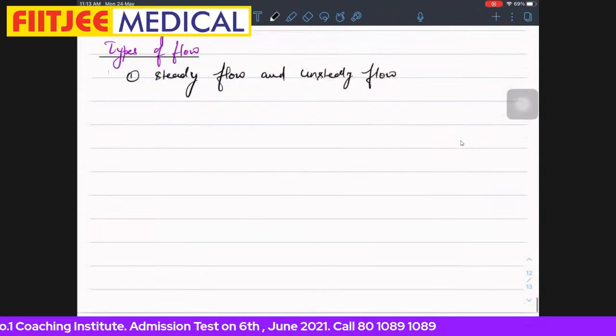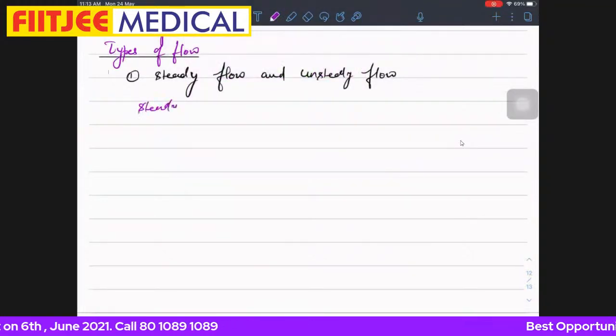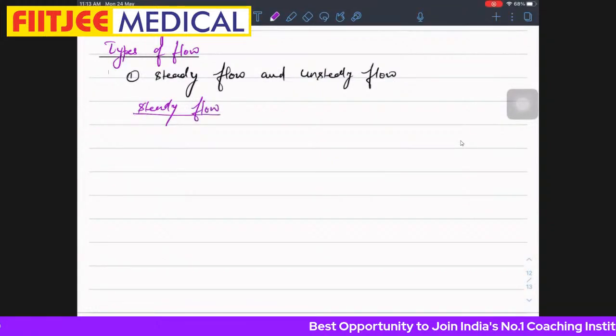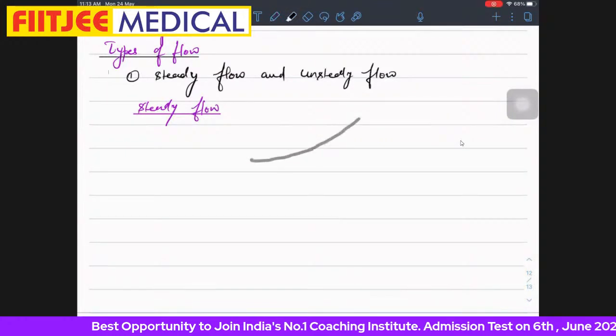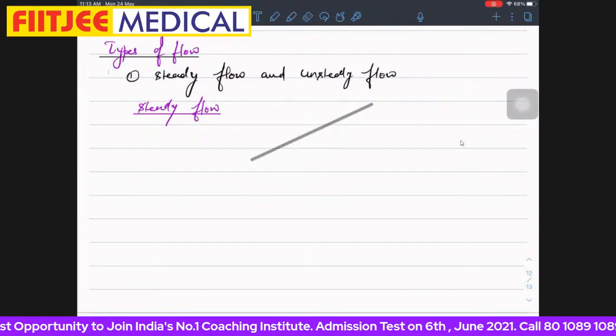So what is steady flow? Suppose we have a tube through which liquid is flowing.